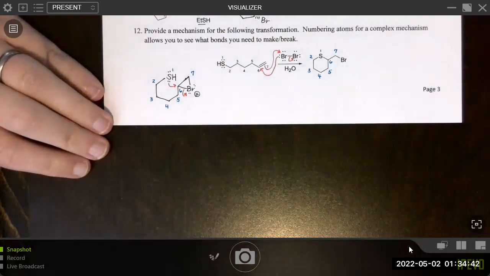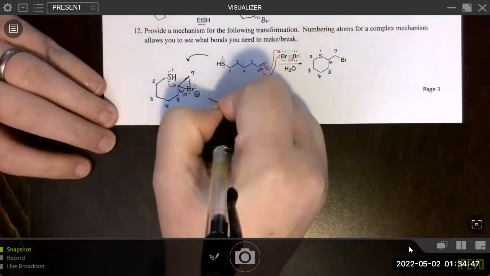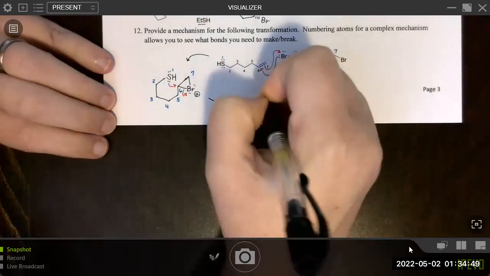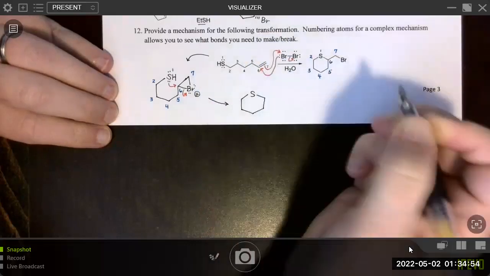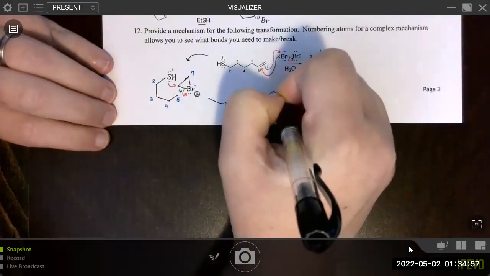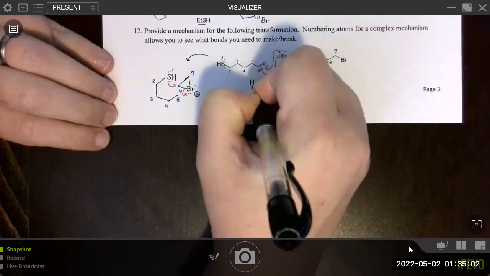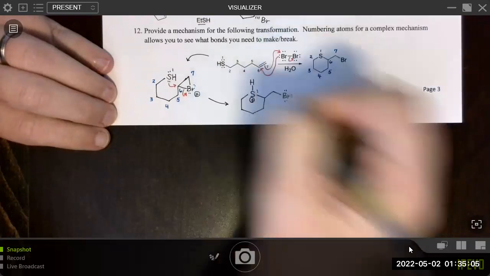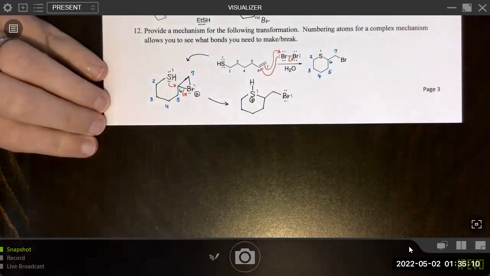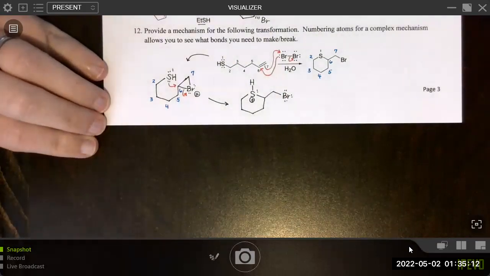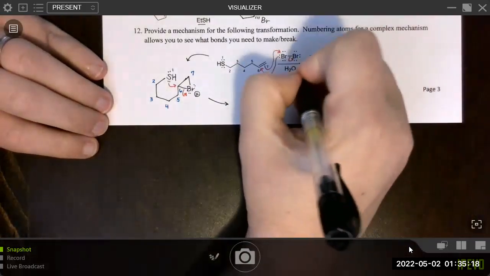So now we are going to form the ring. And start making it look like the product here. The only difference is that we still have hydrogen attached to the sulfur. So that still needs to be removed in a final step. So we can use water. Why not, right?